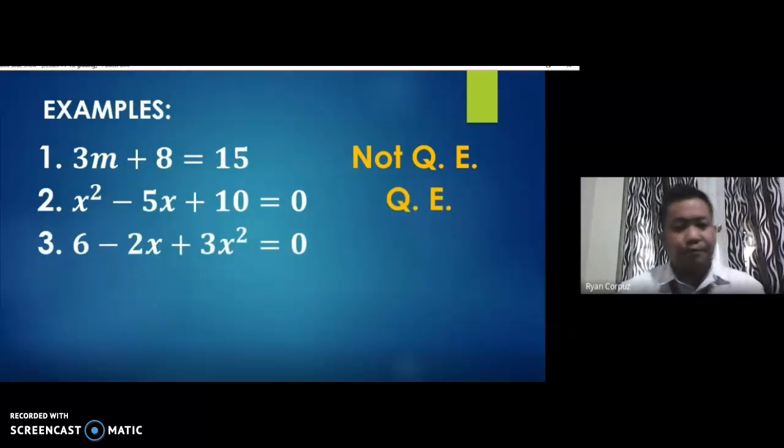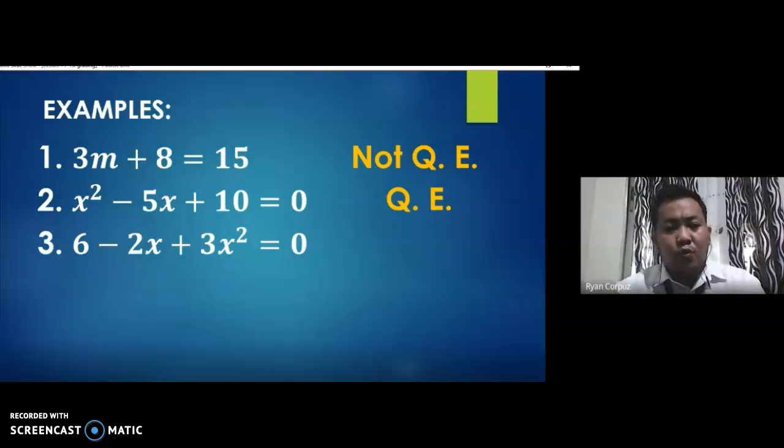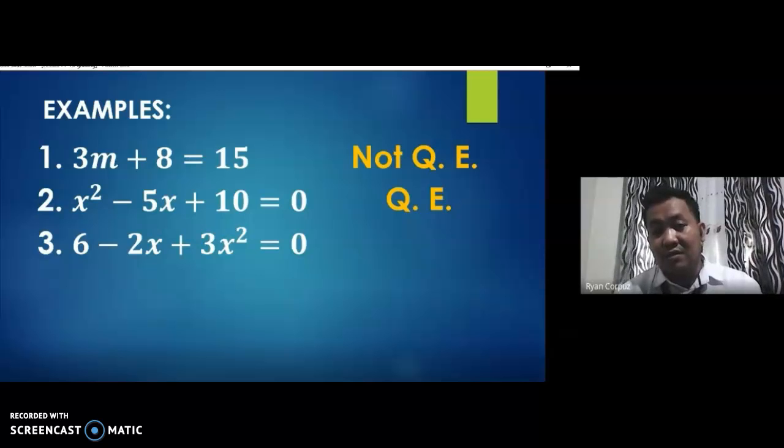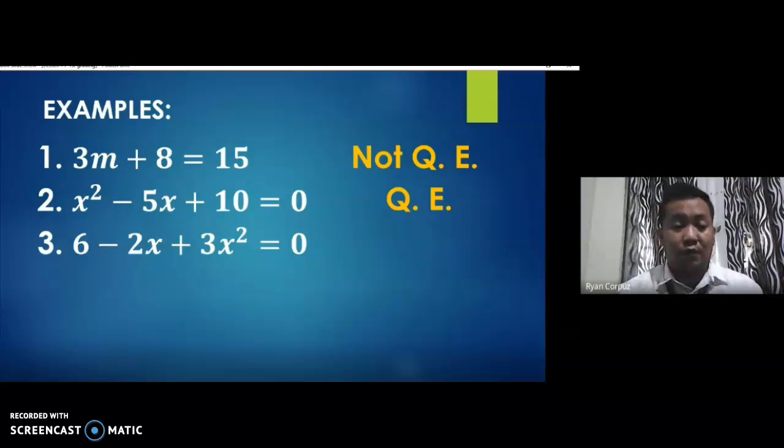Number 3, 6 minus 2x plus 3x squared is equal to 0. What have you noticed on this given equation? The given equation here was not arranged in the right form, which is what we call the general form of the quadratic equation.